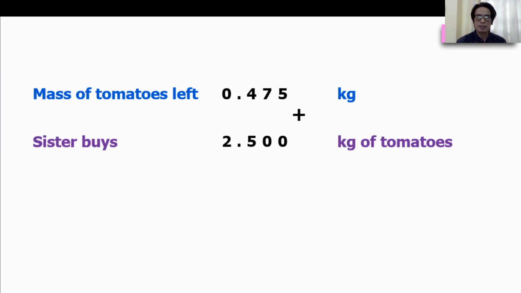I'm going to write the period again here. So we equalize the decimal: 2.5 is now equal to 2.500 because of the first addend.